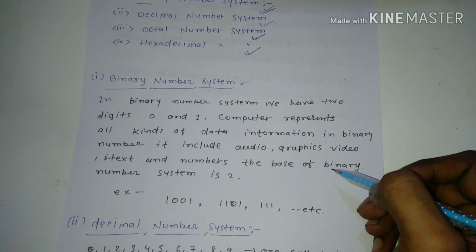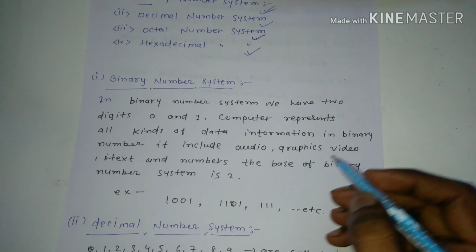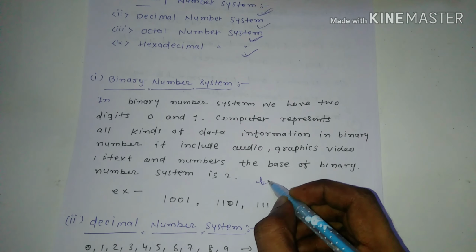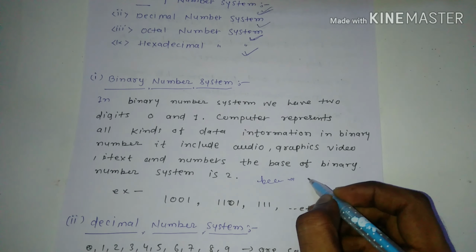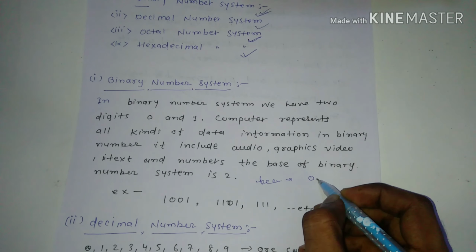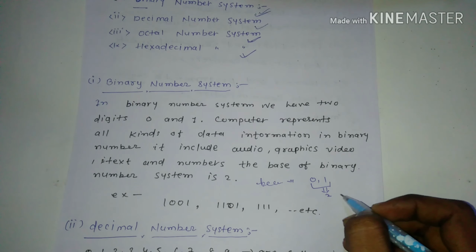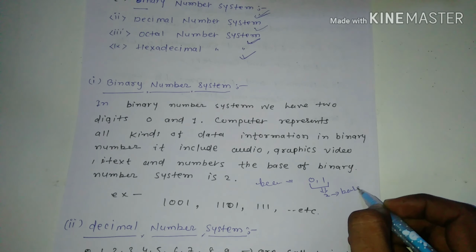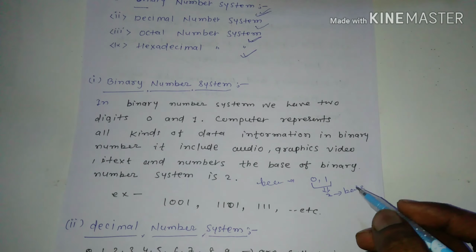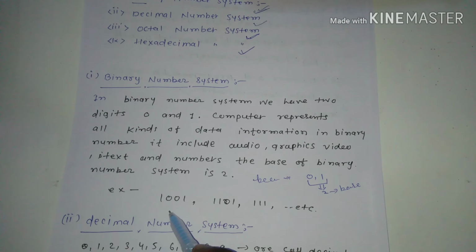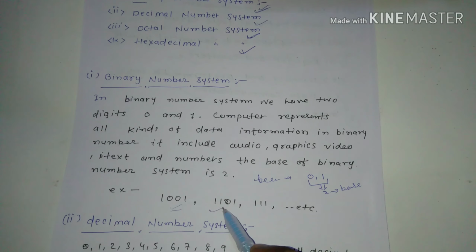The base of binary number system is 2 because it has 0 and 1, and this is 2. That's why the base of binary number system is 2. These are the examples, example 1, example 2 and so many.